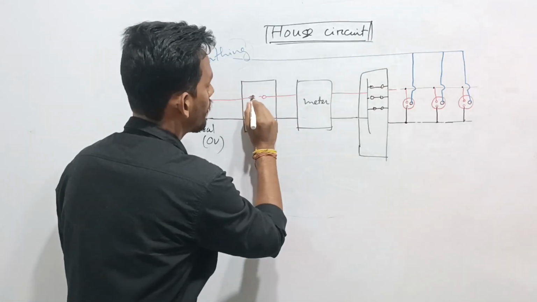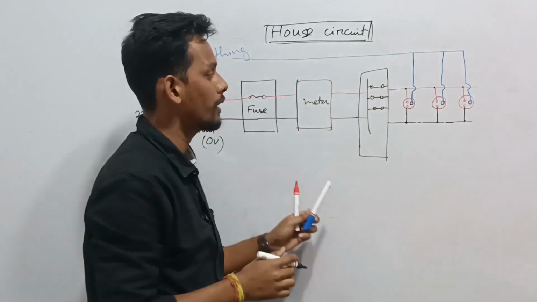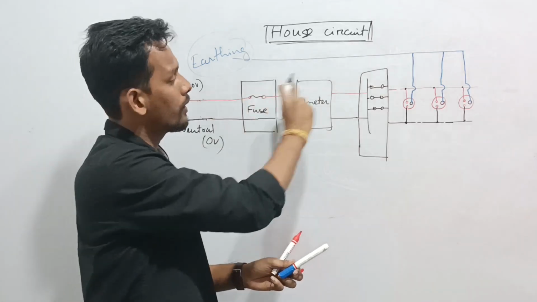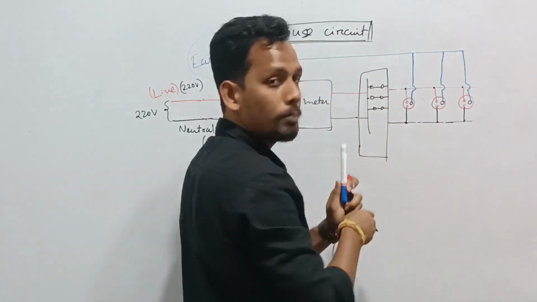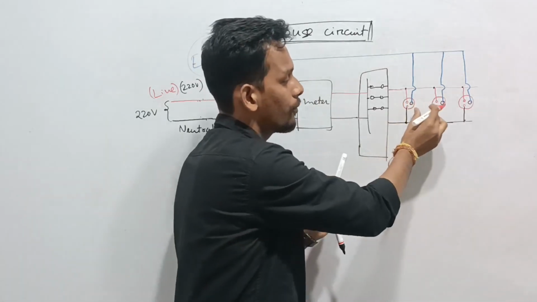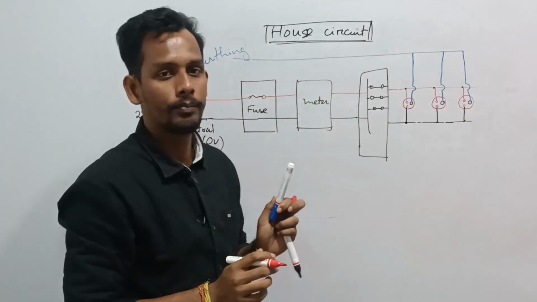Clear? Now this is the household circuit. How can you prepare your household circuit? First, live wire and neutral wire connected to the fuse, then the meter, then the distribution box, then the wires connected parallelly to each and every switch board, each and every plug. So this is the household circuit.